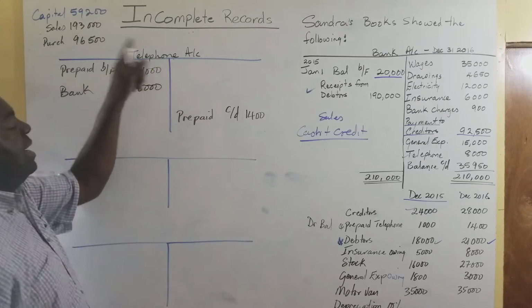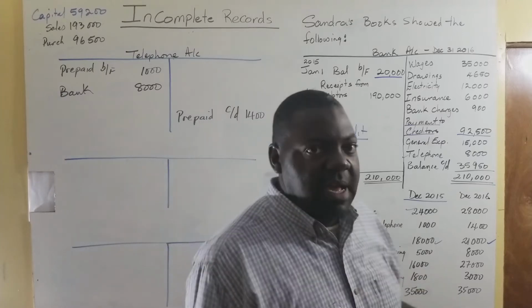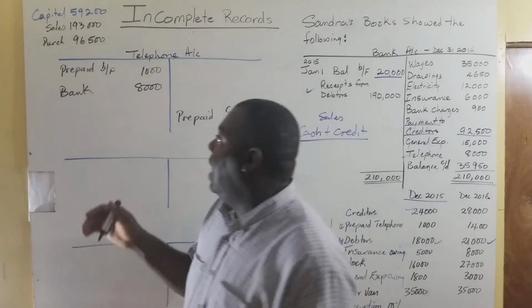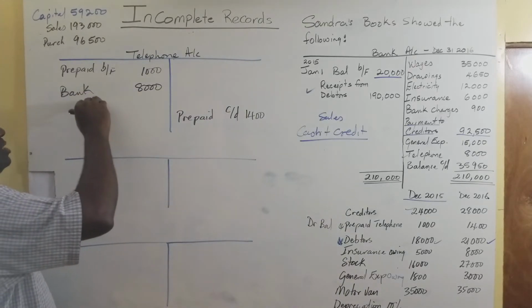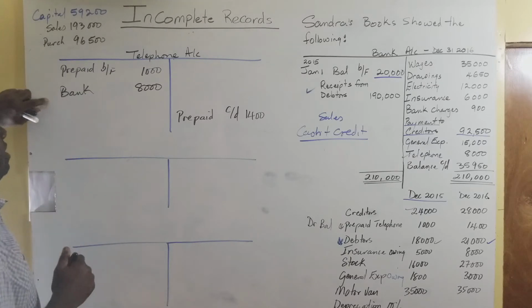Again, we're dealing with an expense account, and expenses are treated like assets, and they carry a debit balance. So once we are paying for an expense, we're going to record the entry on the debit side. Hence the reason we enter this information on the debit side.